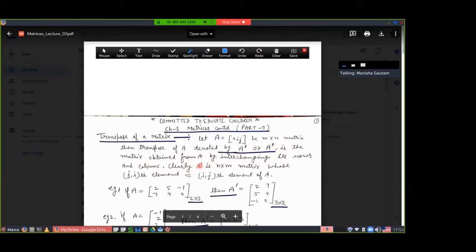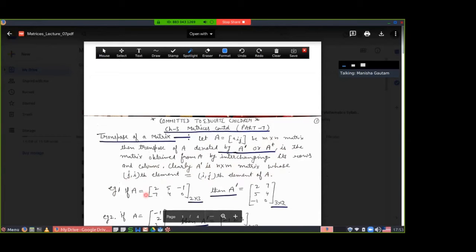Clearly, A dash is of order reverse of the previous matrix order. The previous matrix order is m by n, then A transpose is of order n by m, whose jith element is equal to the ijth element of A.